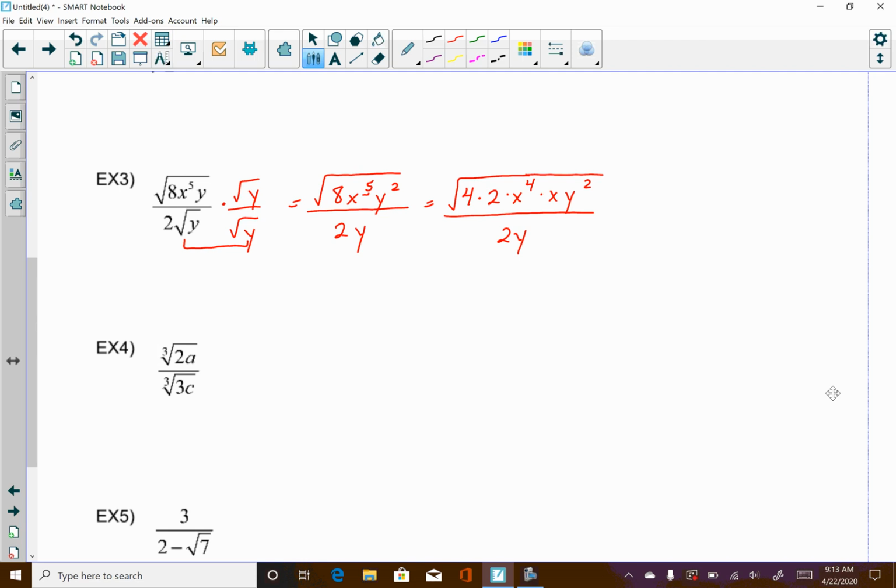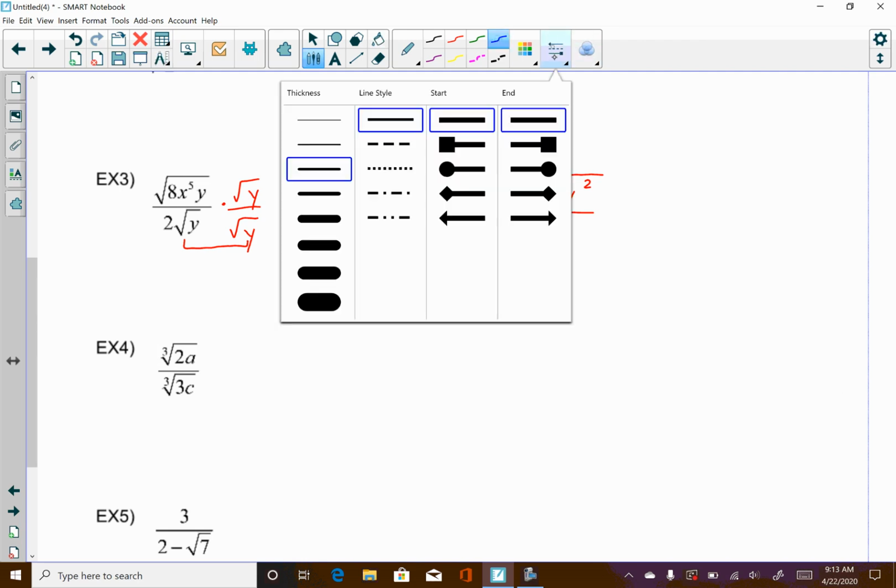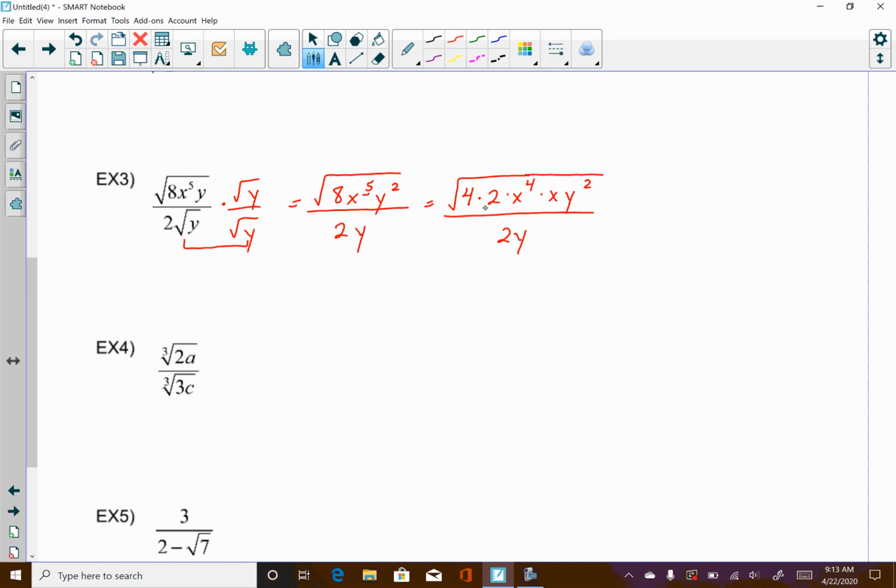Now I just come through and I take the square root of all the terms that I can. So the square root of 4 is 2, so that's outside. The square root of x to the 4th is x squared. Square root of y squared is y. And so then left inside I have a 2x, and then on the bottom I have here 2y.